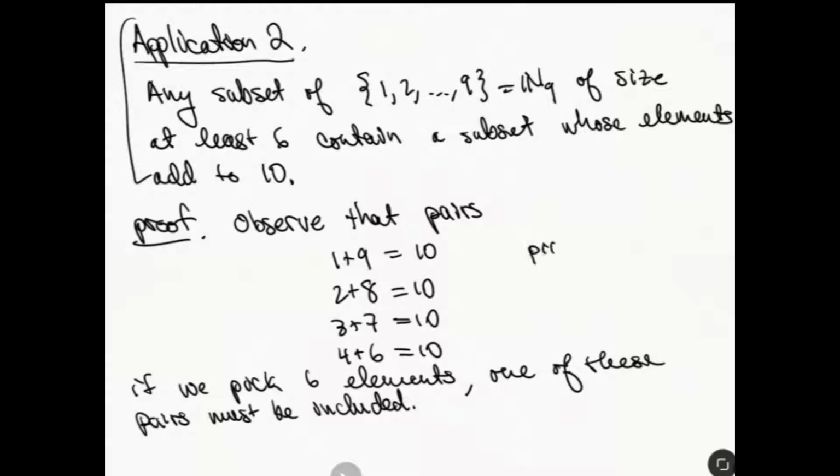So this one you kind of have to think about backwards. The pigeons are the numbers, the 6 elements, and the holes are the pairs that you're trying to avoid.